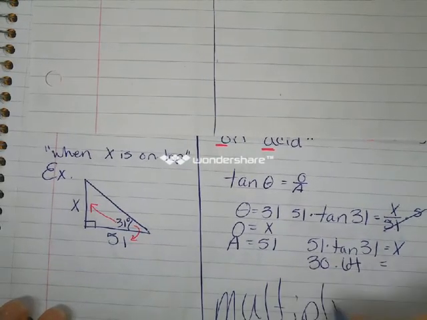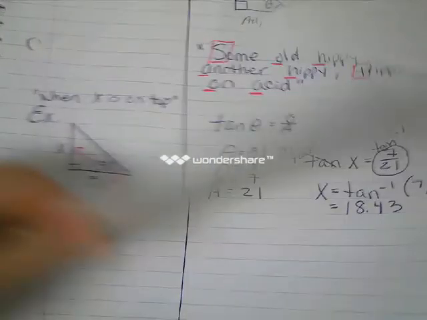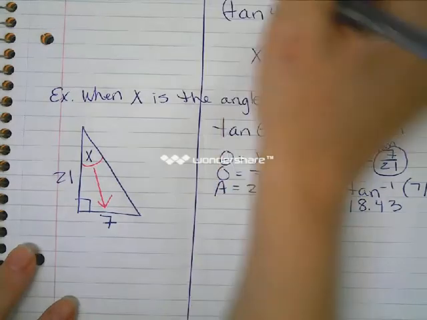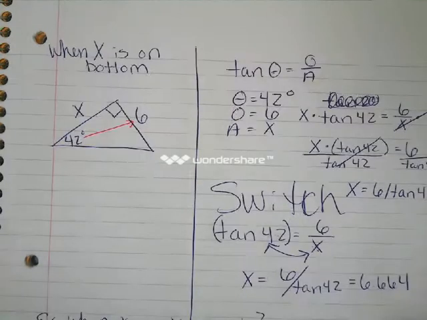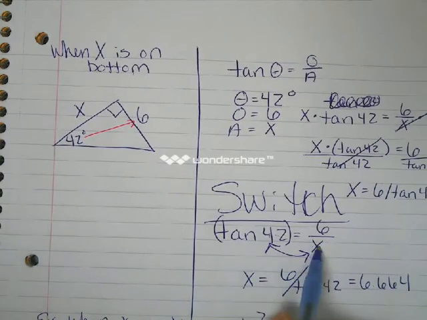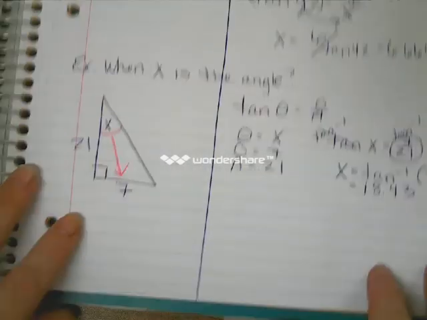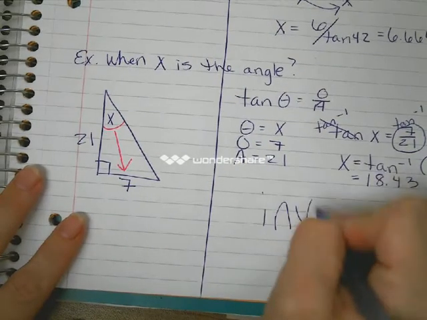When x is on bottom, you just switch them. And when x is the angle, we do the inverse. Okay? Alright.